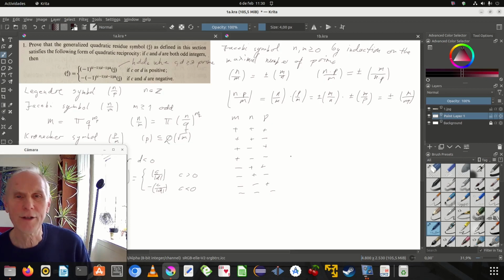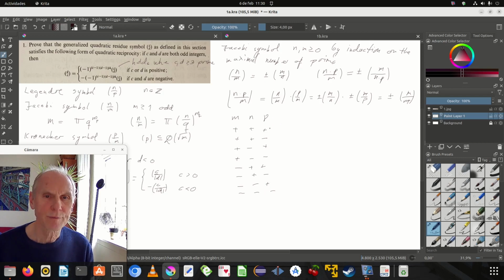And there are 8 cases. In case they are all 1 modulo 4, it's plus all the way through, so that's okay. When p is negative, if there's only one negative, then it's okay all the way through.